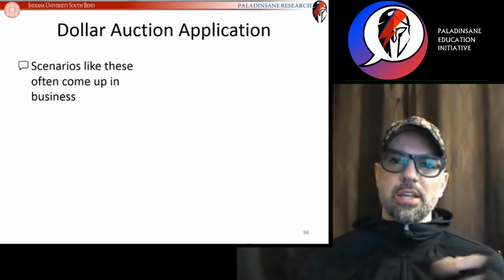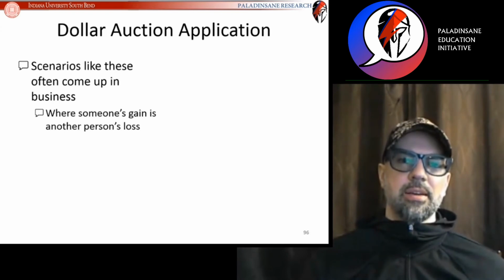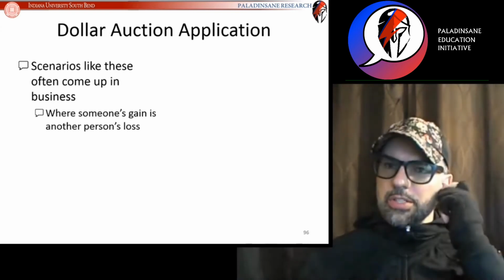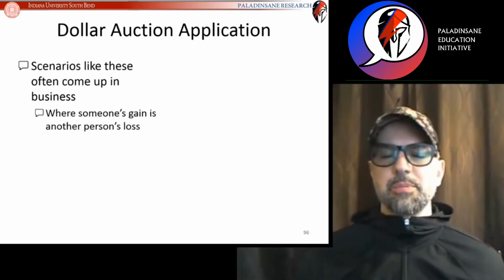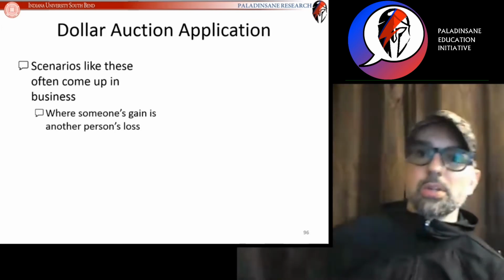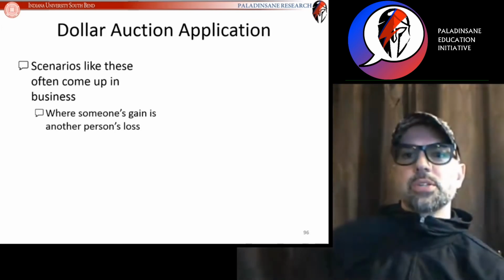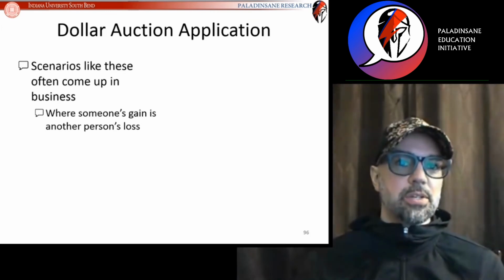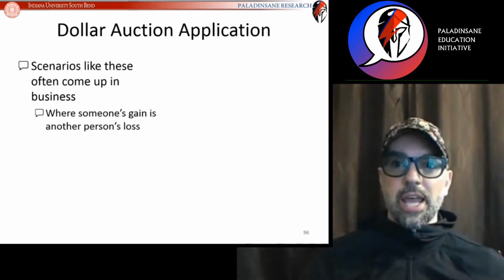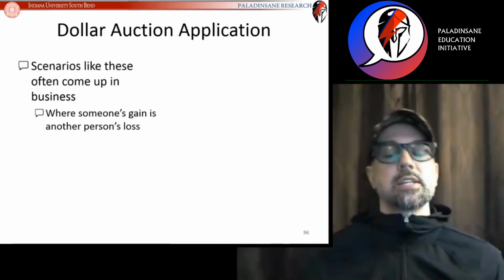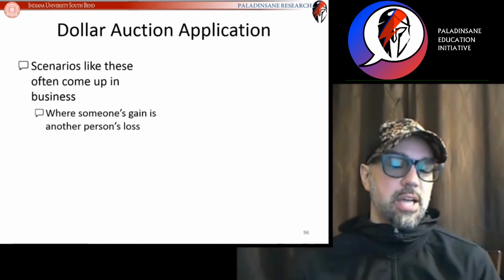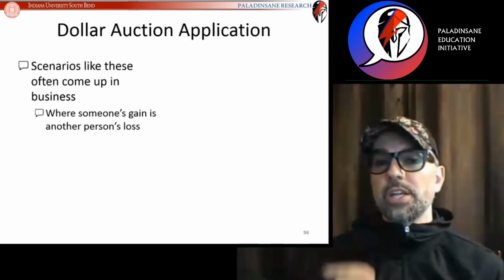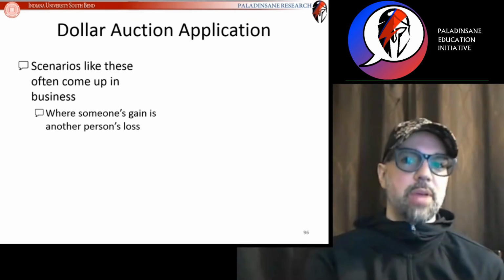And it occurs when somebody's gain in a situation is another person's loss. And oftentimes in business, when there are scarce resources for investment, scarce investment opportunities, sometimes one person's gain will be another person's loss. And that sets up this dollar auction situation, which can set up some very irrational behavior.